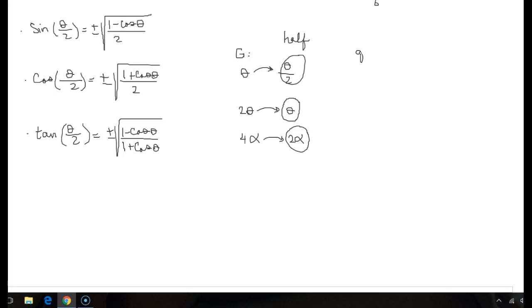Very important to determine the quadrant or domain or whatever you want to call it, because we need to know the sign. We need to know that for the half angle.